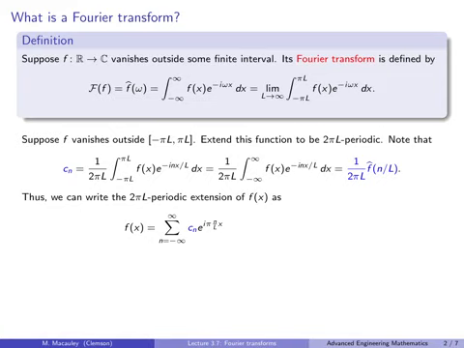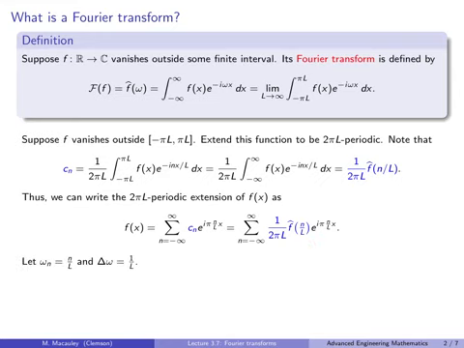And we have a formula for Cn. It's this thing right here. And this is the infinite sum over all integers n of 1 over 2 pi L times the Fourier transform f hat of n over L times e to the i pi n over L times x. So what do you think comes next? Here's a hint. Riemann sum.